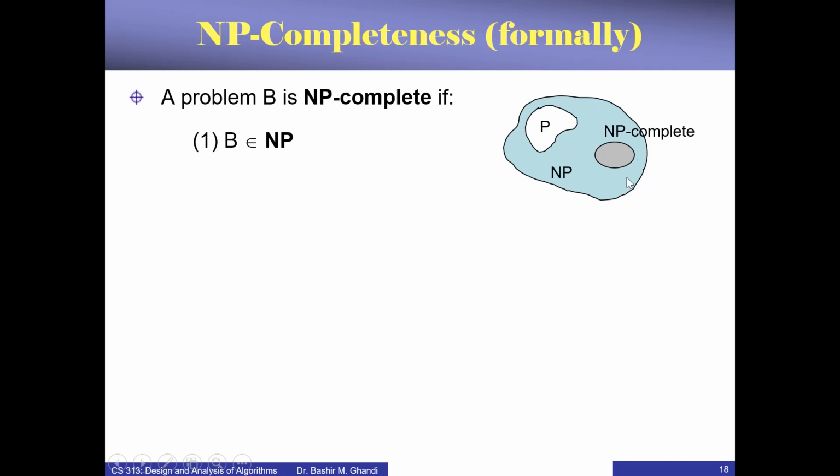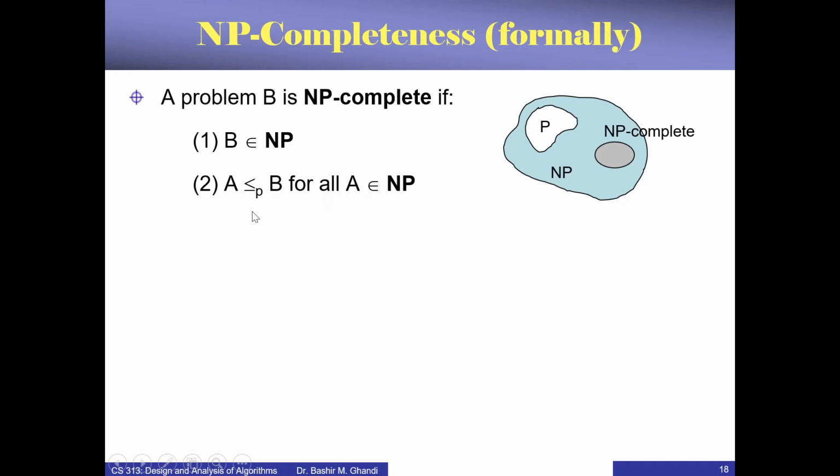So the problem is definitely in NP, meaning it can be verified in polynomial time. A solution to it, any candidate solution, can be verified in polynomial time. 2, A is polynomially reducible to B for all A in NP.